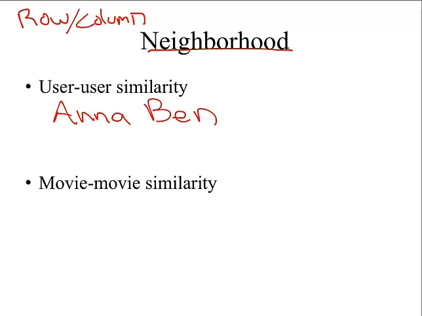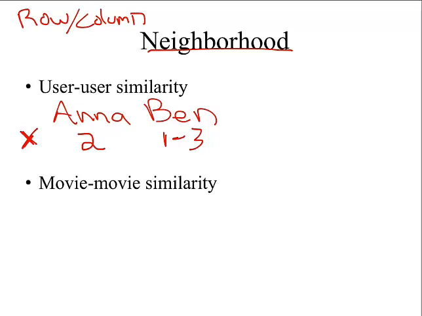And so if we have a case where they've both rated 3 or 4 movies very similarly, they've both given them high ratings, for instance, and then we know that Anna has given another movie, say movie X, a very poor rating. Maybe she's given it a 2. Then we would imagine that Ben would also rate that movie very low. Maybe he'd give it somewhere between a 1 and a 3, because they have very similar tastes in movies.